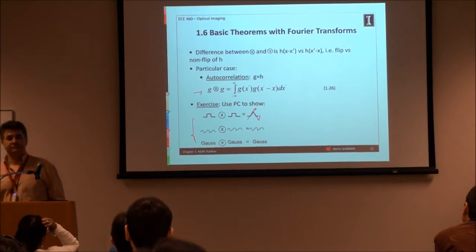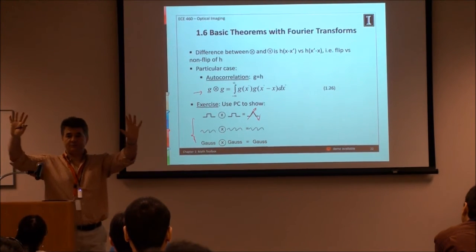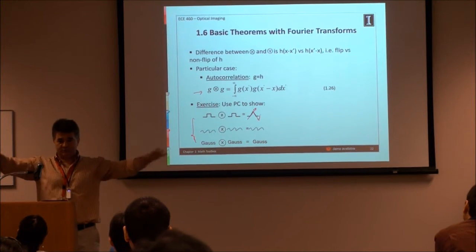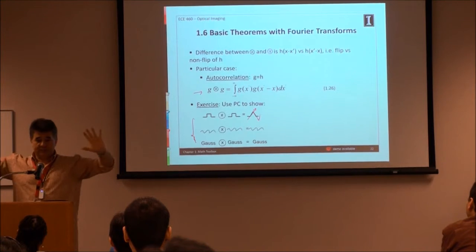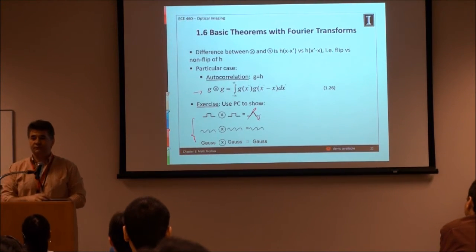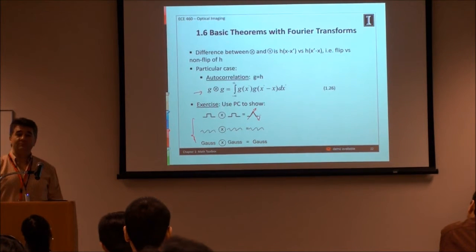Always bigger. We're going to see how important that is. So if I take two Gaussians, or any function that has a nice behavior, it drops off, and I convolve them, I get something that's fatter. And that's a problem. We'll see it's a problem with our attempt to achieve nanoscale resolution.